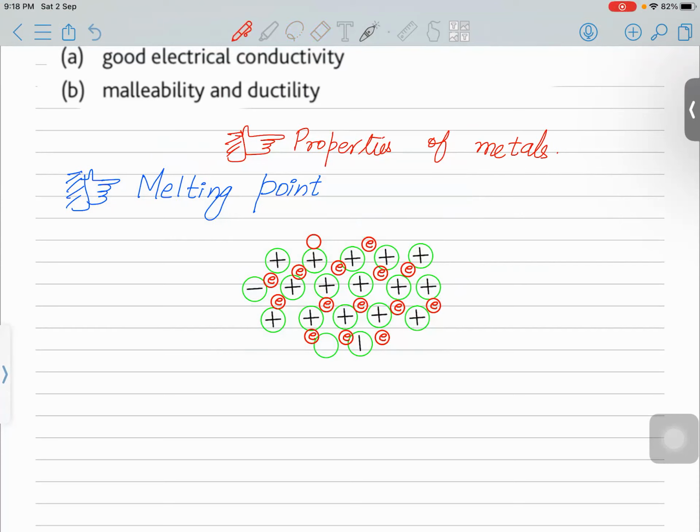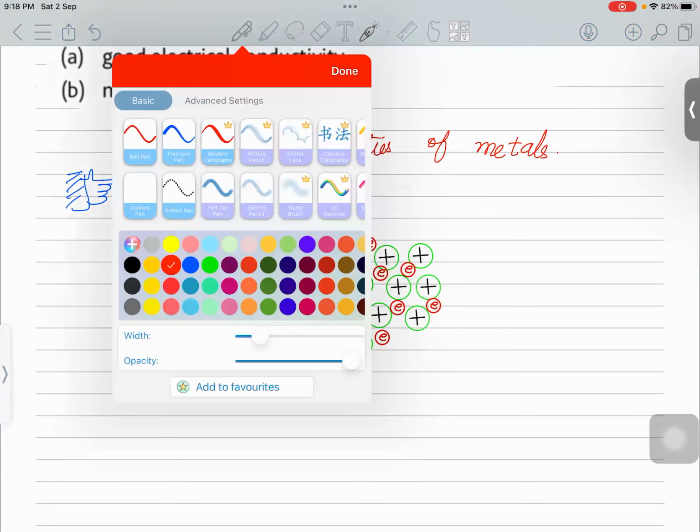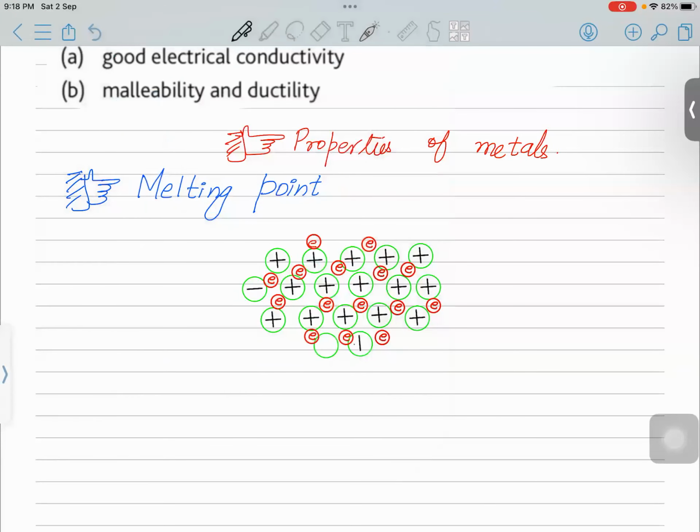Now you can see that here we have a sea of electrons and metallic bonding.